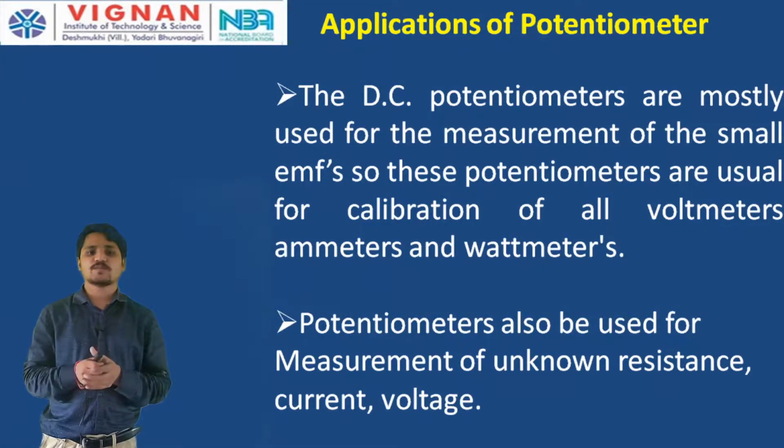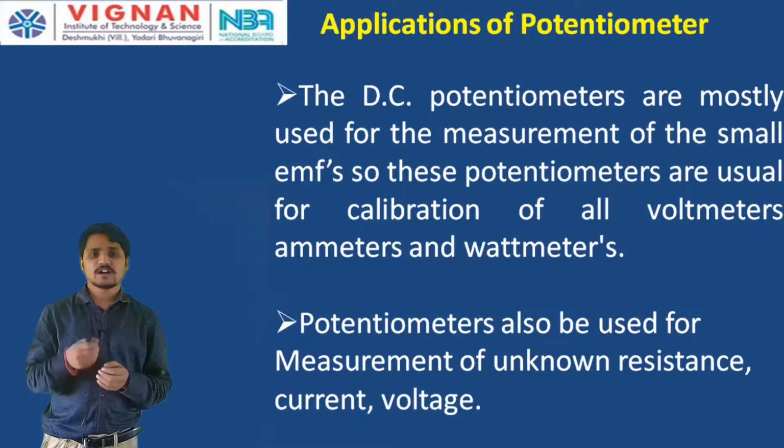So what are the applications of potentiometers? Coming to the applications of potentiometers, the potentiometers are mostly used for the measurement of small EMFs. Not only measure the EMF, but also by using the potentiometer, we can measure the unknown current and unknown resistance. These potentiometers can be used for the calibration of voltmeter, ammeter and wattmeter.